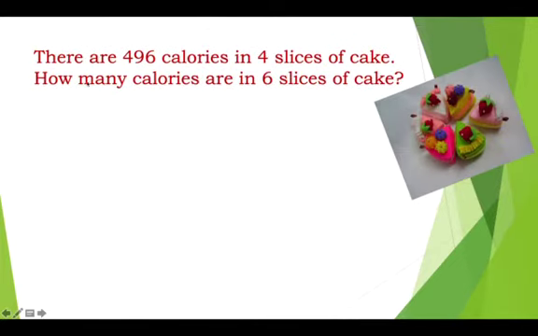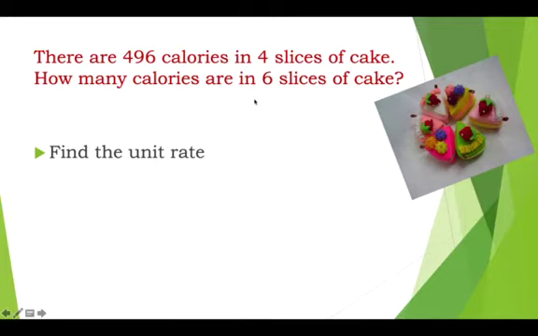Let's see another question. There are 496 calories in 4 slices of cake. How many calories are in 6 slices of cake? So what you need to do here, first, is find the amount of calories in 1 slice of cake. Then we can find it for 6 slices of cake.